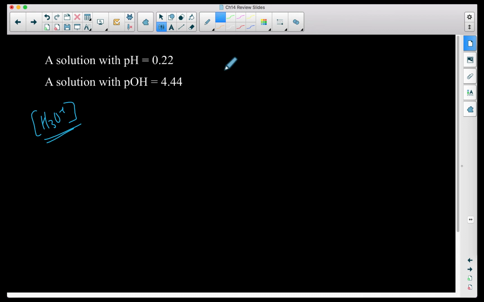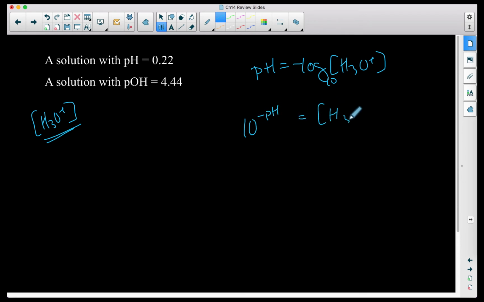If I know that pH is equal to the negative log of H3O plus, then 10 to the negative pH is equal to my H3O plus. So if I take 10 to the negative 0.22, that's going to give me my H3O plus concentration, which I believe is this.